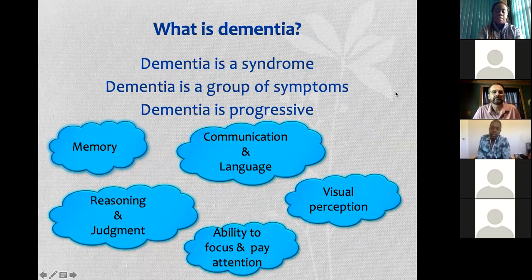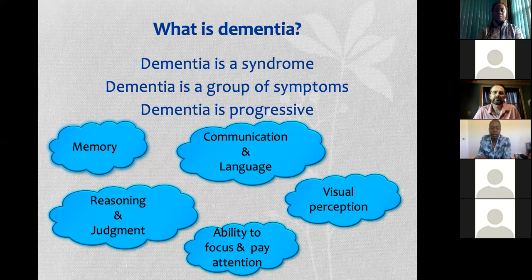So what is dementia? Dementia is a syndrome, a group of symptoms, and dementia is progressive. Some of the symptoms are problems with the client's memory, their reasoning and judgment, their communication and language skills, their visual perception, and their ability to focus and pay attention, which means they may wander a little bit, they may get in a car and forget where they're going.